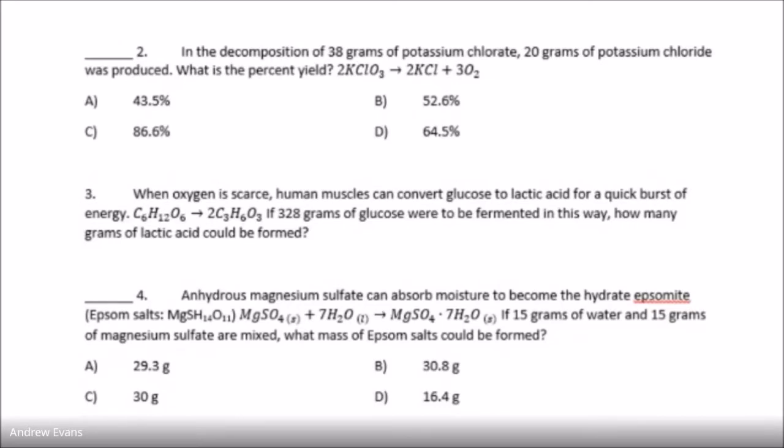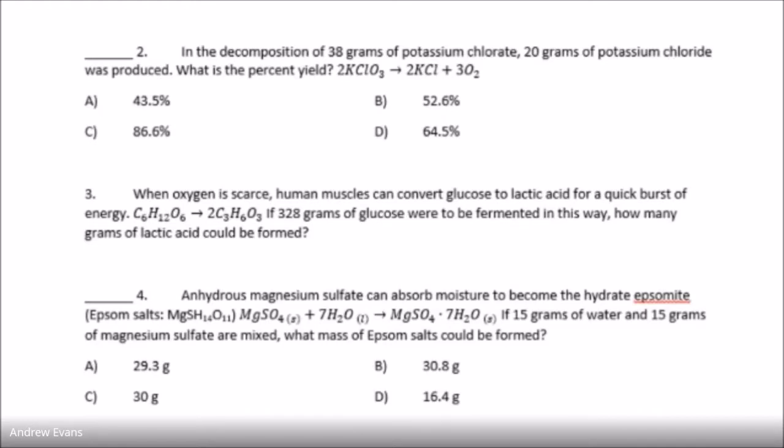Okay, anhydrous magnesium sulfate can absorb moisture to become the hydrate epsomite, also known as Epsom salts. So in the following formula, MgSO4 plus 7 waters will form a compound, MgSO4 dot 7 waters.